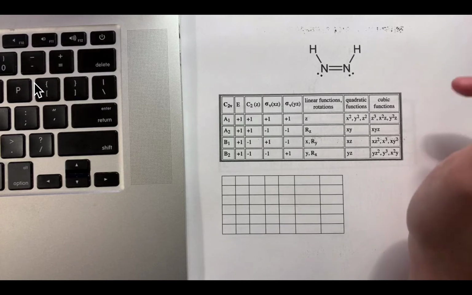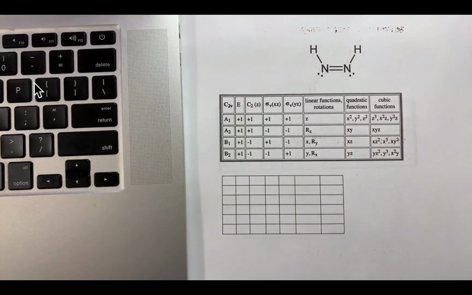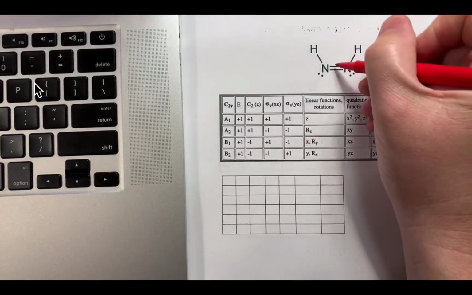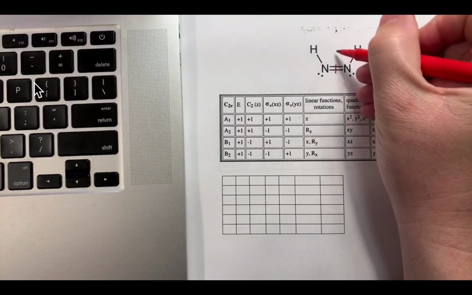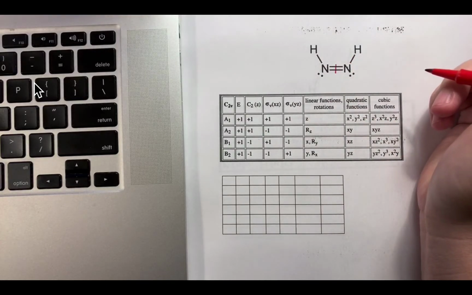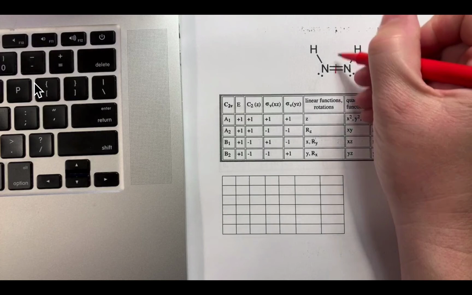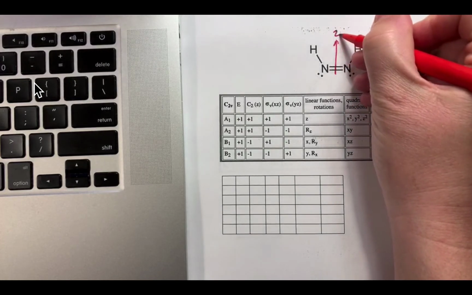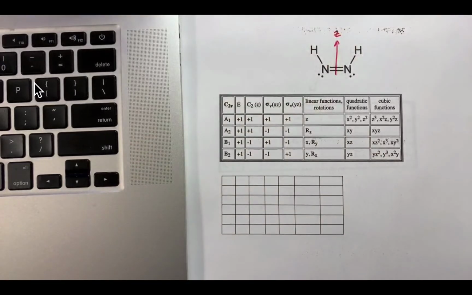All right, so first thing is to make sure that we have our molecule oriented correctly. So C2V, the primary axis, is the C2 axis. It's going to go right through the center of that nitrogen-nitrogen double bond. C2 axis goes there. C2 is our Z-axis.